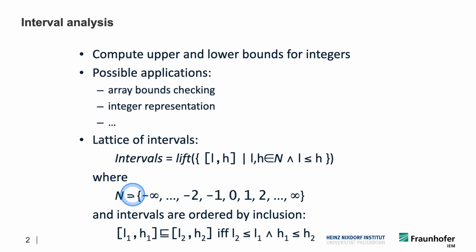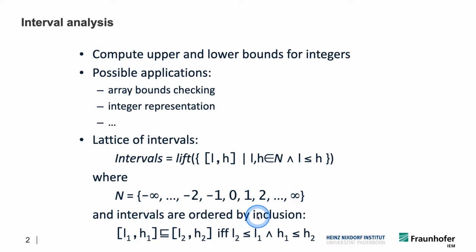The numbers that we're using here, I shouldn't have said natural numbers, they're actually whole numbers, so they include the negative numbers as well. And we also include minus infinity and infinity just as sentinels. So basically, you could say top elements.